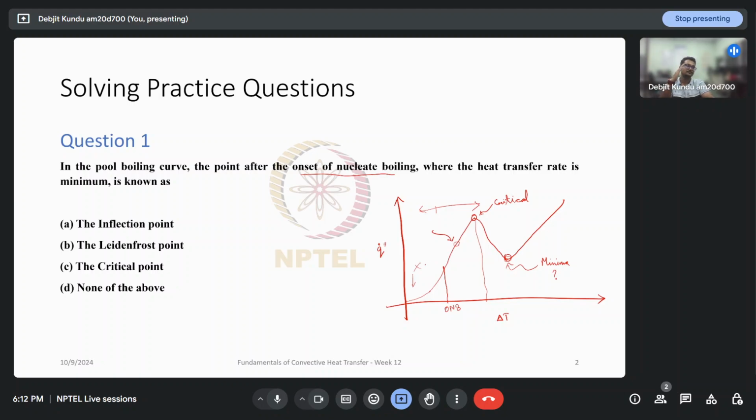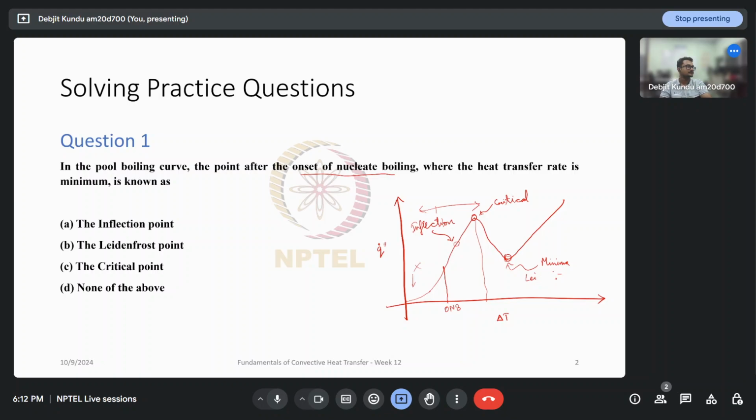It's the rate of change of slope which changes over here, and not only changes, it becomes zero. So it was positive earlier, becomes zero at that point, and becomes negative after this point. This is known as the inflection point. And this minima over here is the Leidenfrost point.